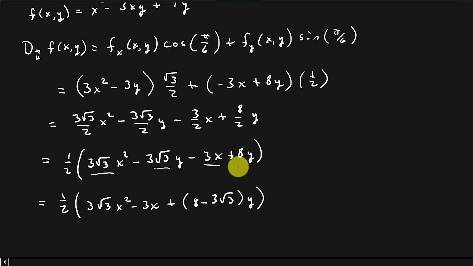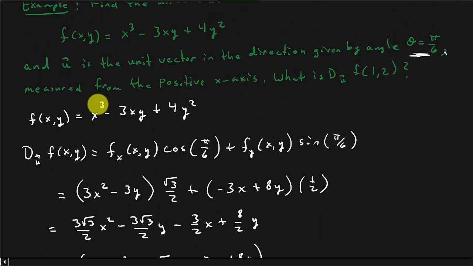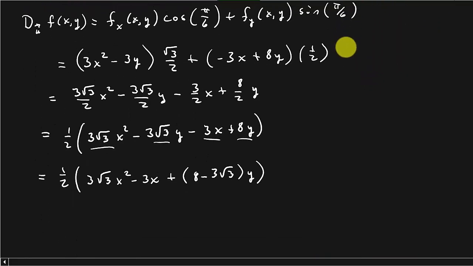I grouped the y terms together and then factored out a y. All right. So let's see. It says, and use the unit vector that measures from the point, and they want to know what is the directional derivative at 1, 2.